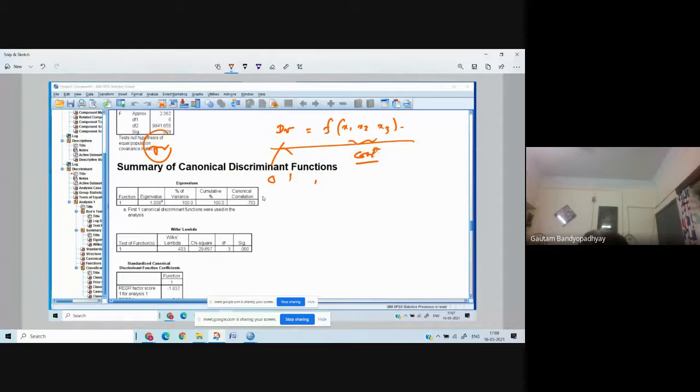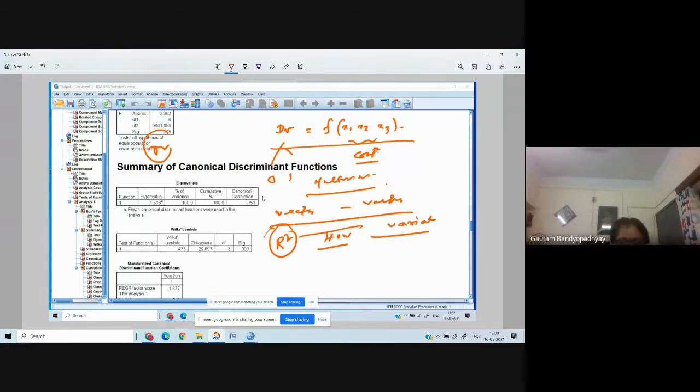And since it's a multivariate analysis, better to say vector to vector analysis, we need some R square. R square means how much is explained. This R square is used for variable to vector, that is, R square is used for multiple regression.